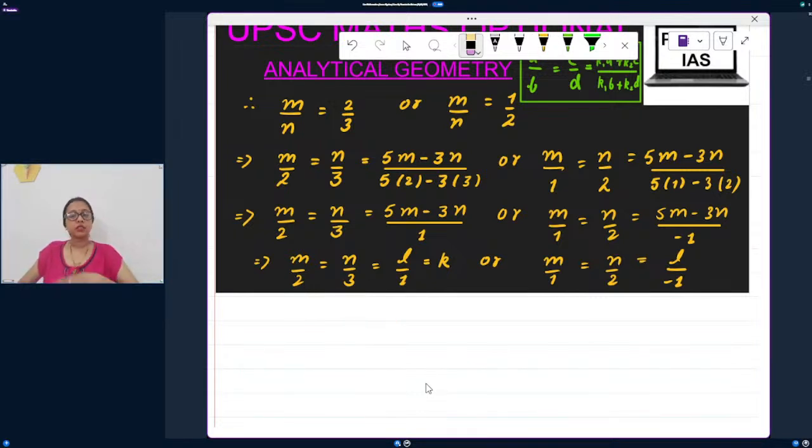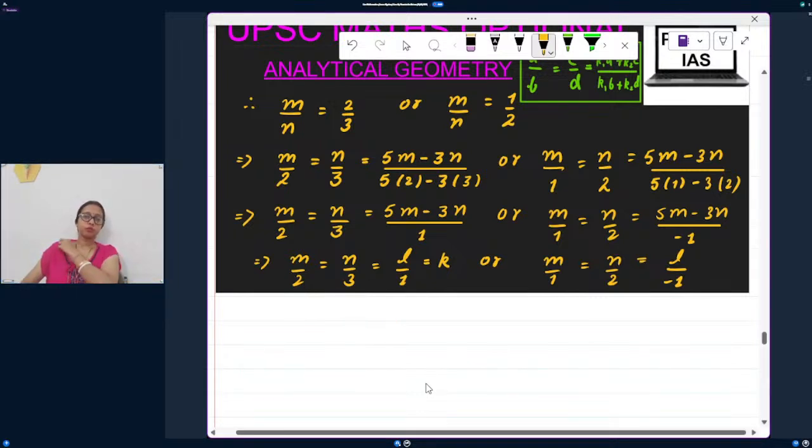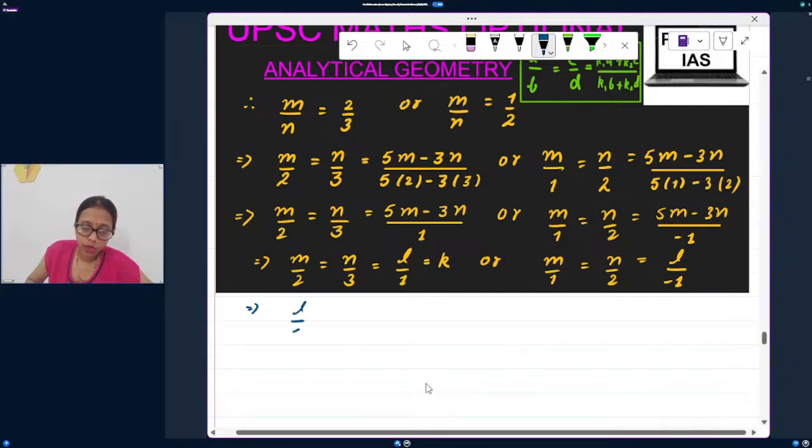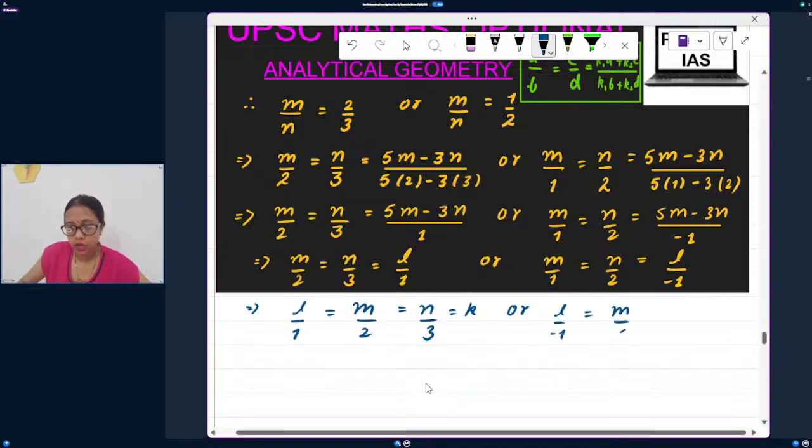So why these 1, 2, 3? Let me write this first. It implies l by 1, m by 2, n by 3 is equal to k, or l by minus 1, m by 1, n by 2 is equal to some lambda.